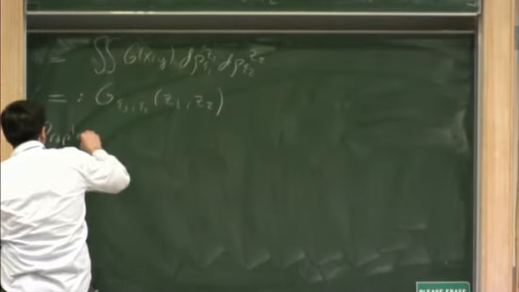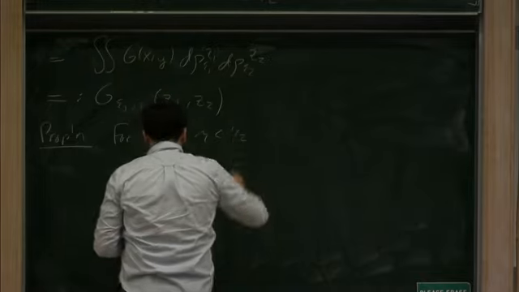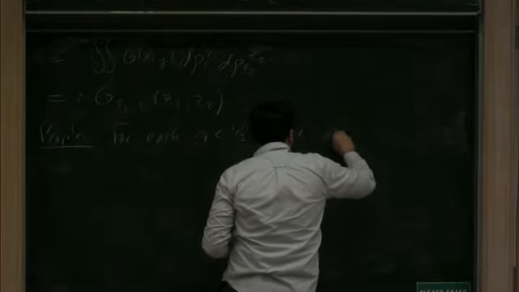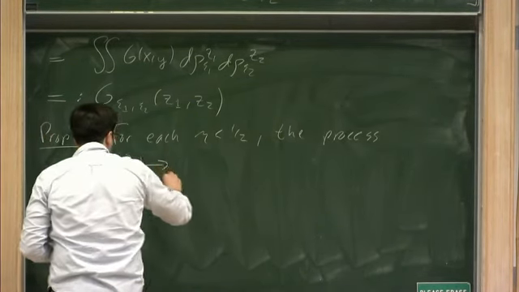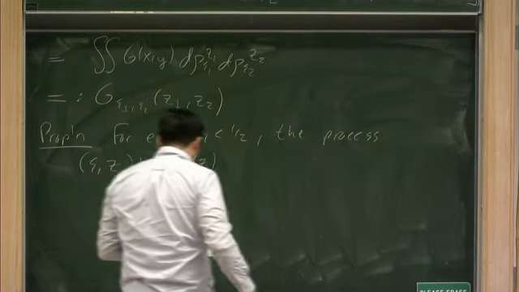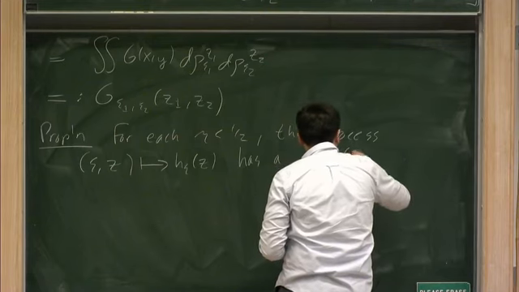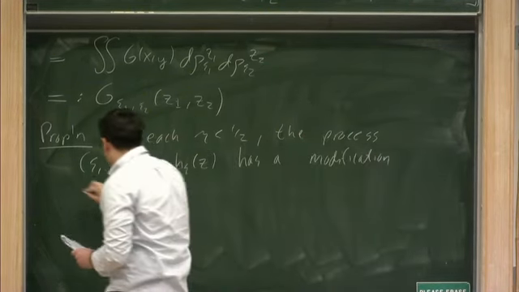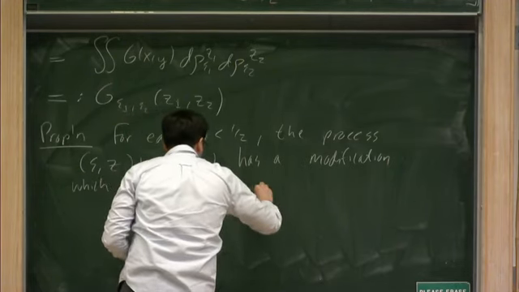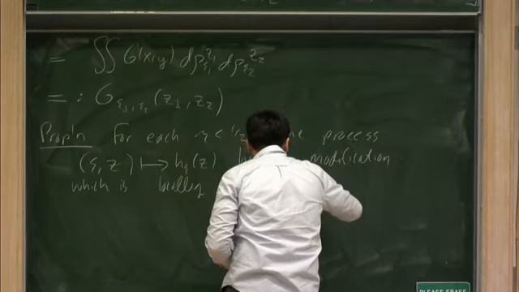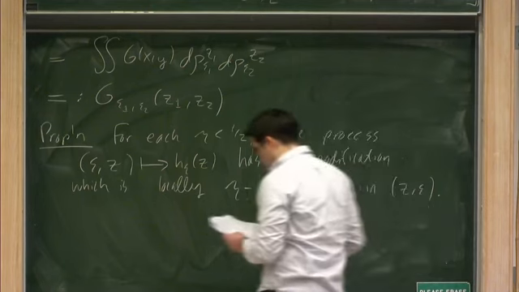So the proposition says that for any eta which is less than 1/2, the process that you get from averaging the Gaussian free field on circles of radius epsilon has a modification which is locally eta Holder continuous in z and epsilon.